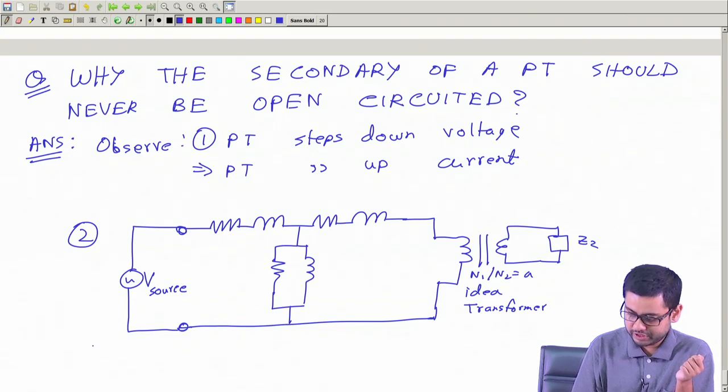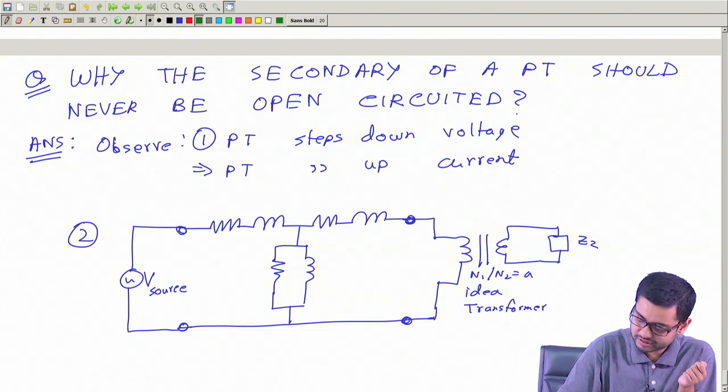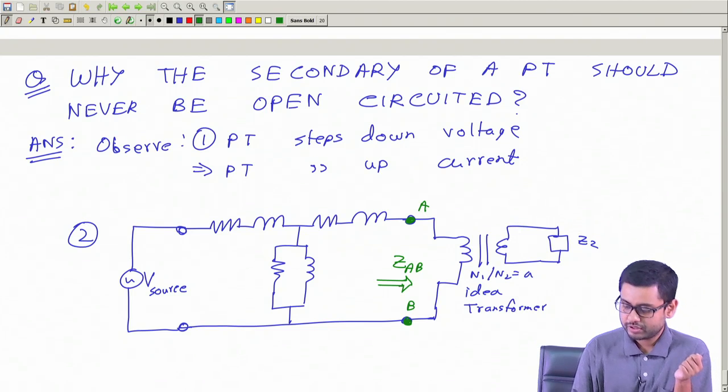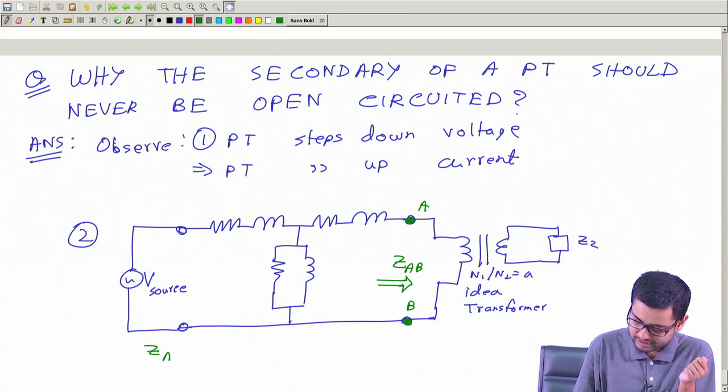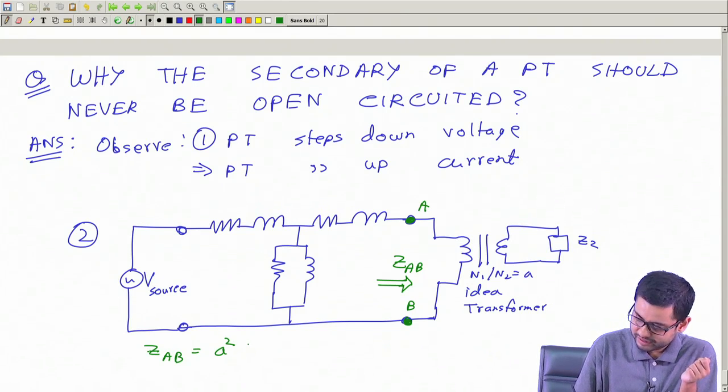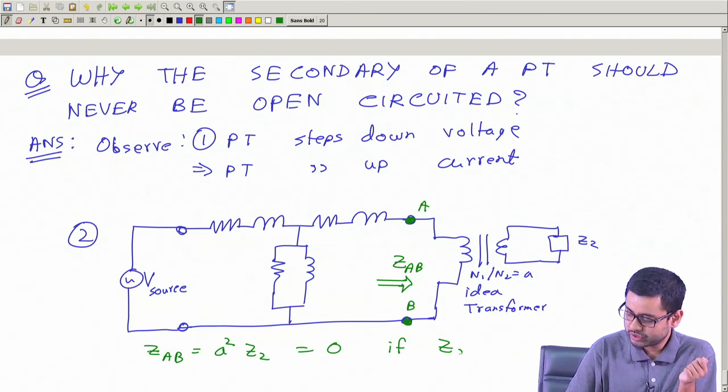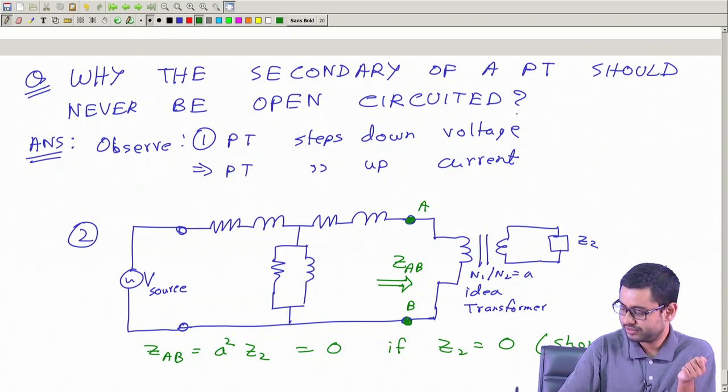So if we take Z2 equal to 0, then the impedance as seen between these 2 points, call it AB, so ZAB, the equivalent impedance, will be equal to A square Z2, equal to 0 if Z2 equal to 0, short circuit.